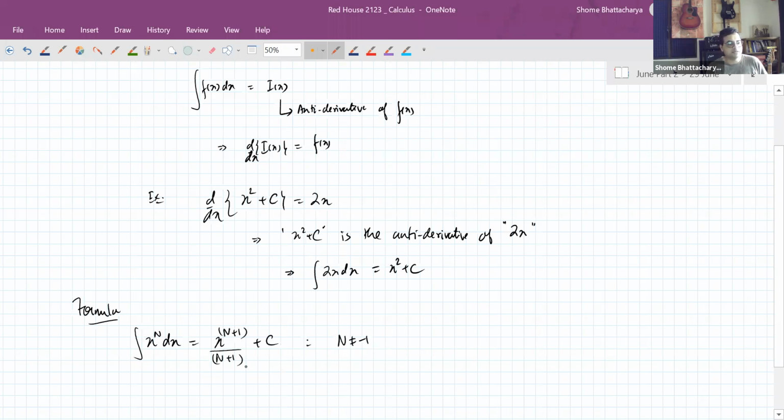So n can be any real number value other than minus 1. The exception case for n equal to minus 1 is given by the formula ln x plus c.